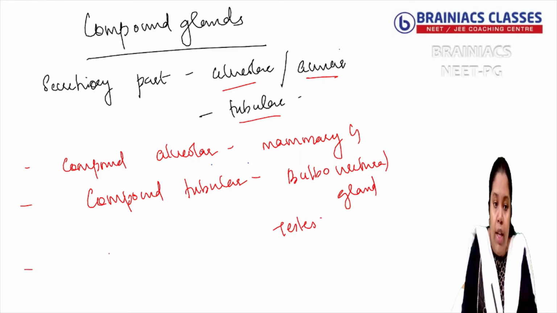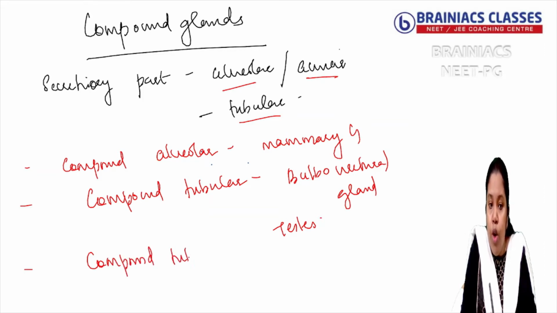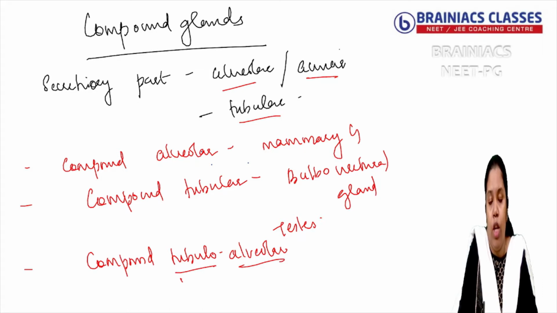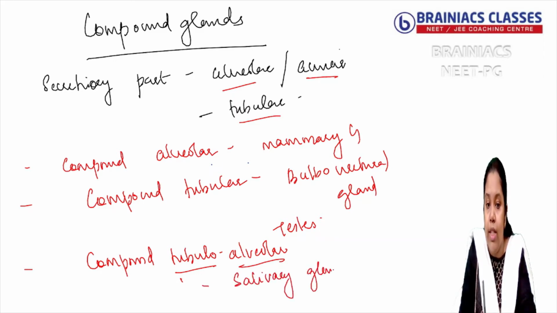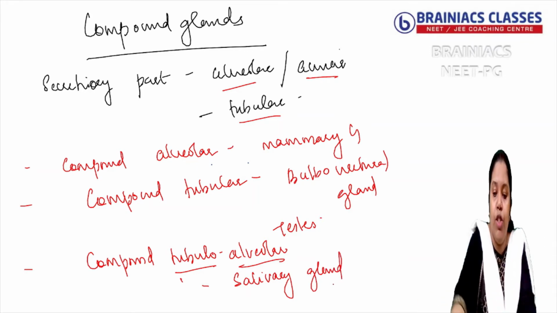And it can be compound tubulo-alveolar gland. That means both tubular and alveolar secretory parts are present, and it is seen in the salivary glands. Understand? I'll show you, don't worry, I'll show you.